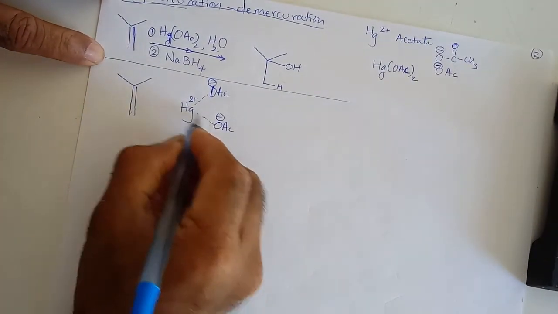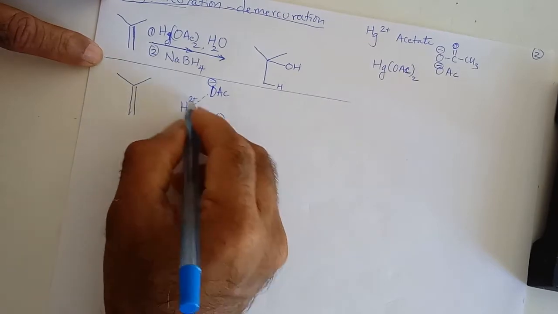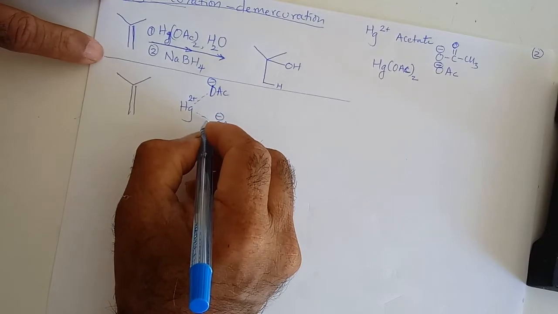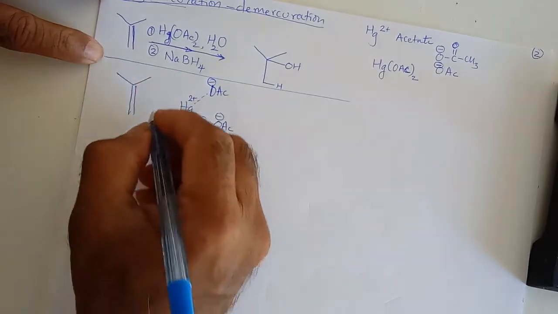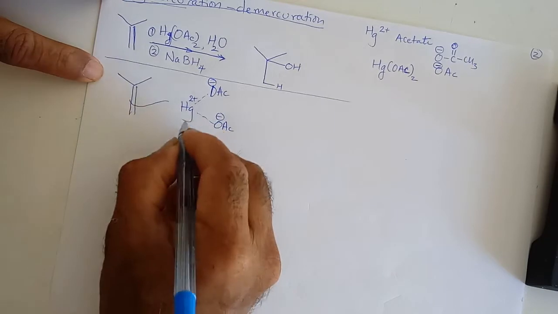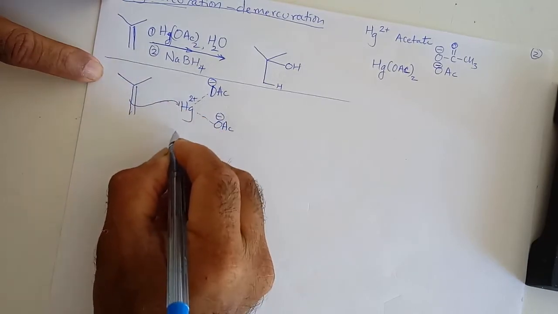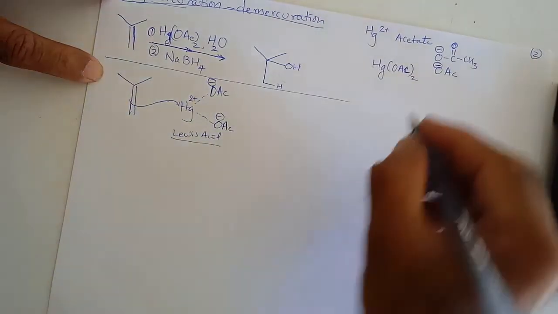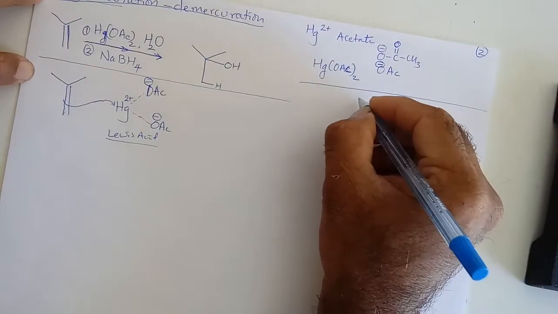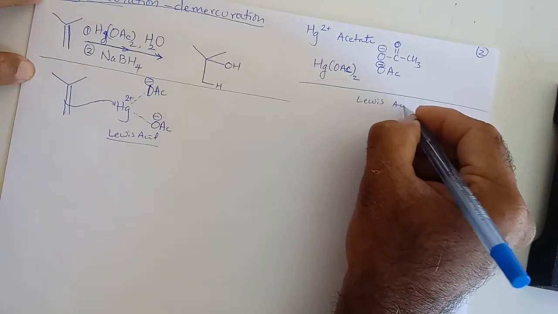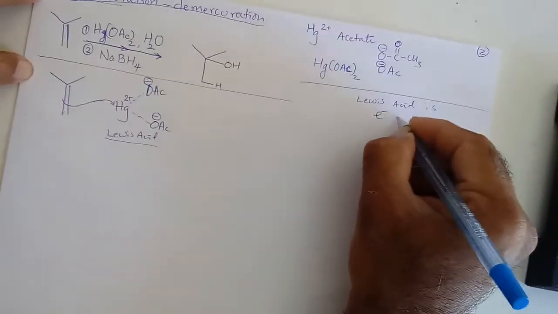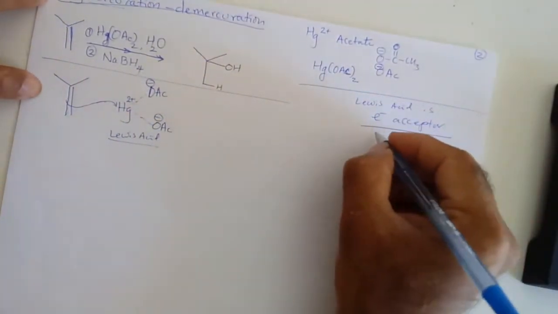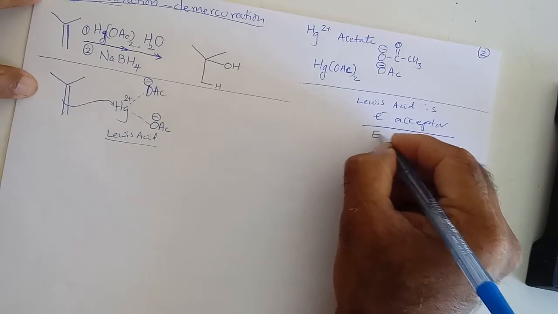Sometimes mercury is known to make covalent bonds because it has a reasonably high electronegativity, but it's okay, we don't really have to lose our sleep over that. Since it is a Lewis acid, what's the role of a Lewis acid? A Lewis acid is an electron acceptor, which is the same thing as an electrophile.